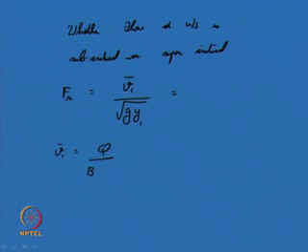For that you have to evaluate the Froude number, which we had studied: the average velocity at the cross section divided by root of g y 1. What is V 1? V 1 is equal to q by b 1 into y 1.